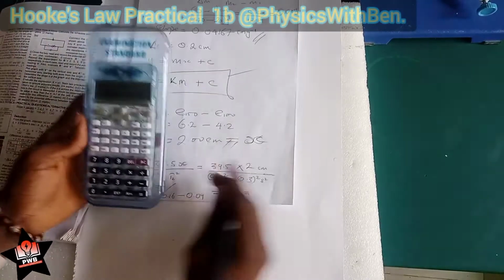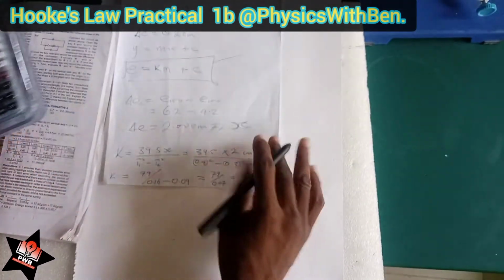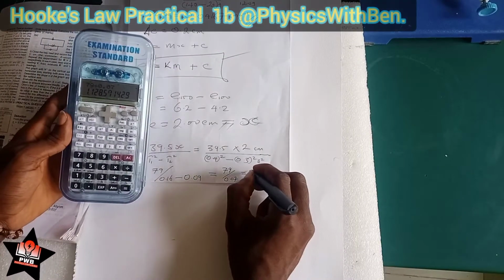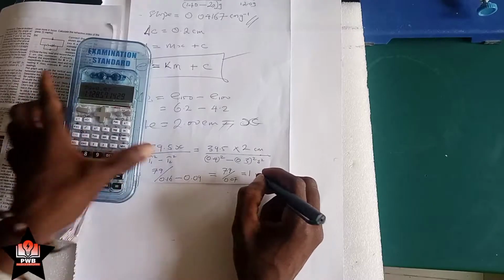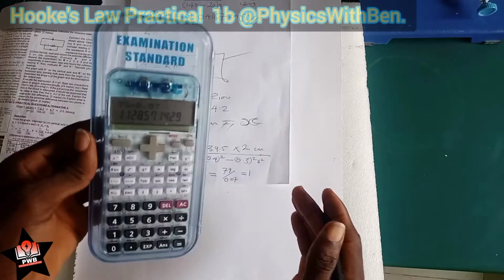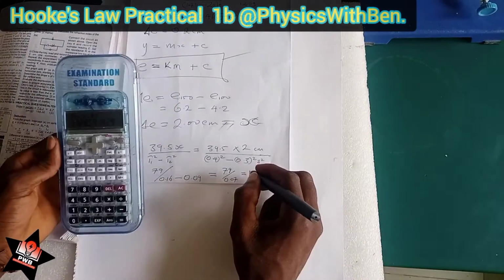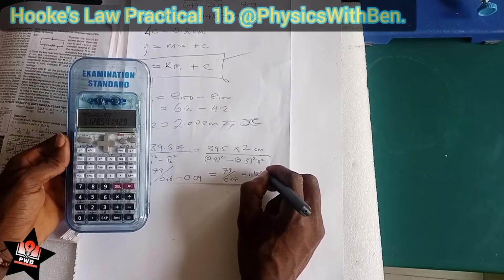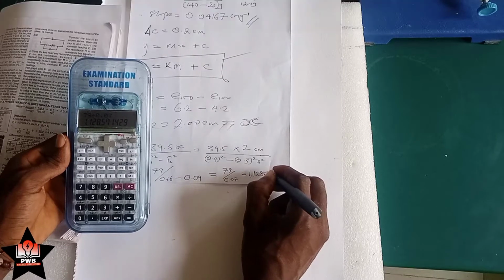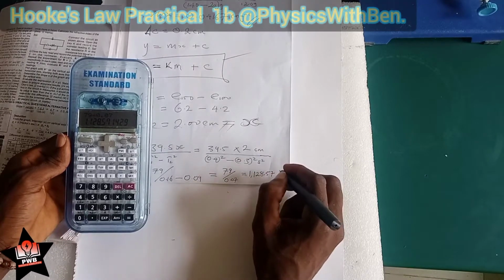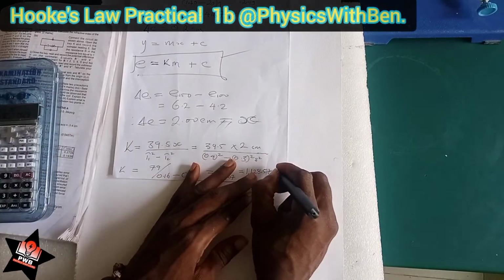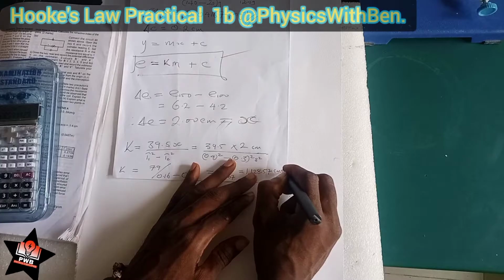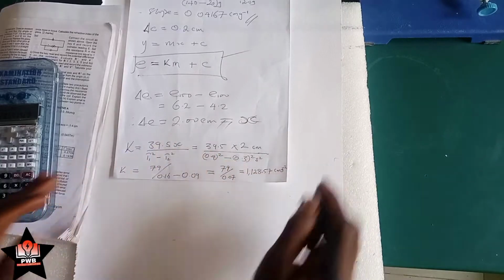And so our K here from this, as you can see, is given to be 1. From the calculator here, we have 1,128.57 cm negative 2.